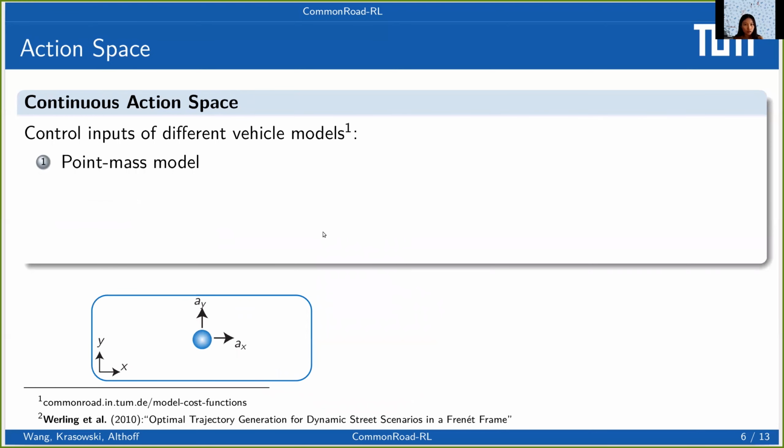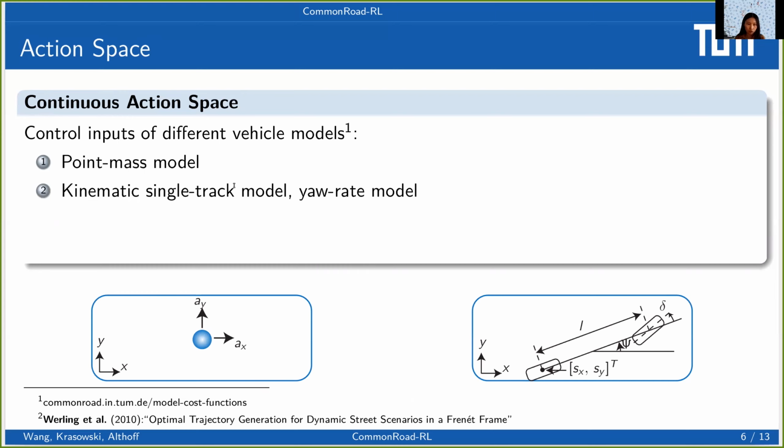As for the action space, we have both continuous and discrete action space. The continuous action space is defined as the control inputs of different vehicle models. The inputs of the point mass model are the accelerations in X and Y direction in Cartesian space. The kinematic single track model is also called the bicycle model in some literature, and its inputs are the longitudinal acceleration and the steering angular velocity.